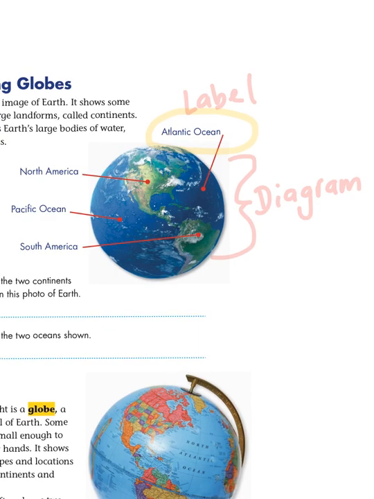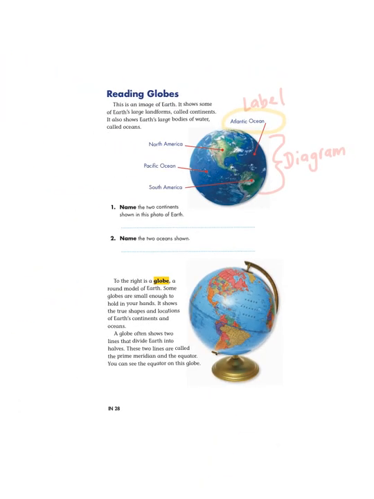So when I look at this picture of the globe, it is pointing out landforms such as North America and South America, and it's also pointing out oceans like the Atlantic Ocean and the Pacific Ocean. So a diagram is just a picture with labels, and a label is just a word or words that points out a specific feature within a diagram for a picture. So when you're reading about globes, it's going to describe the landforms and oceans.